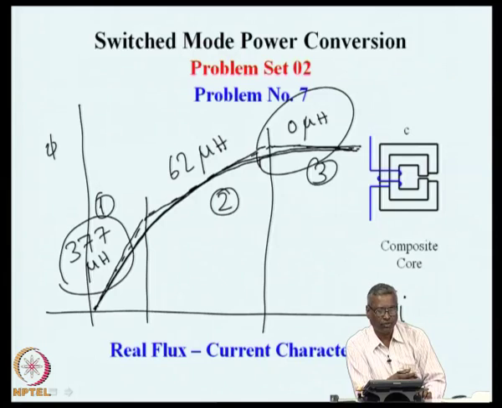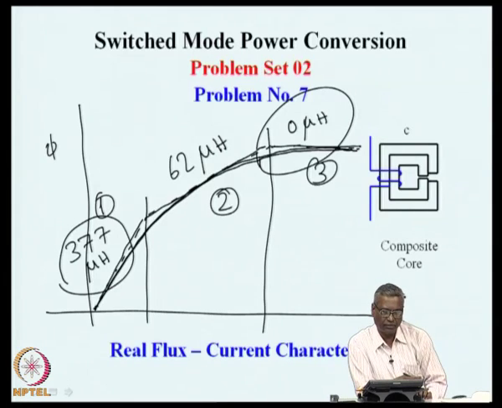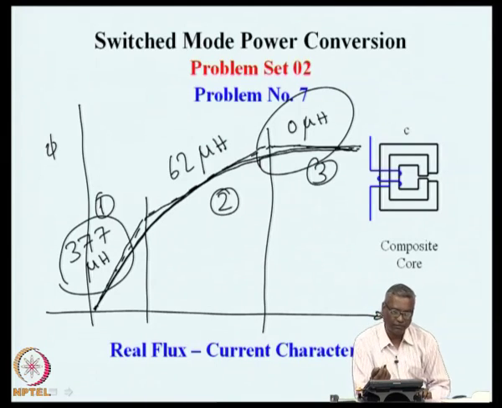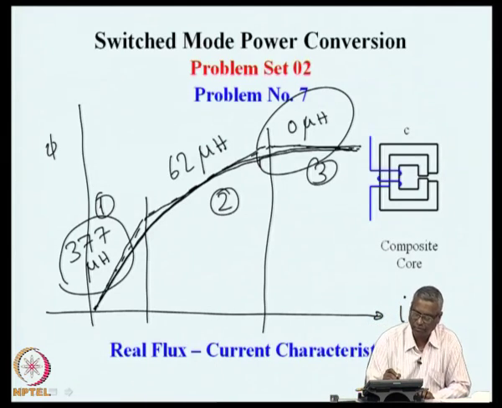Such inductors are also called swinging chokes, because the value of the inductance is a function of the current that is being passed.